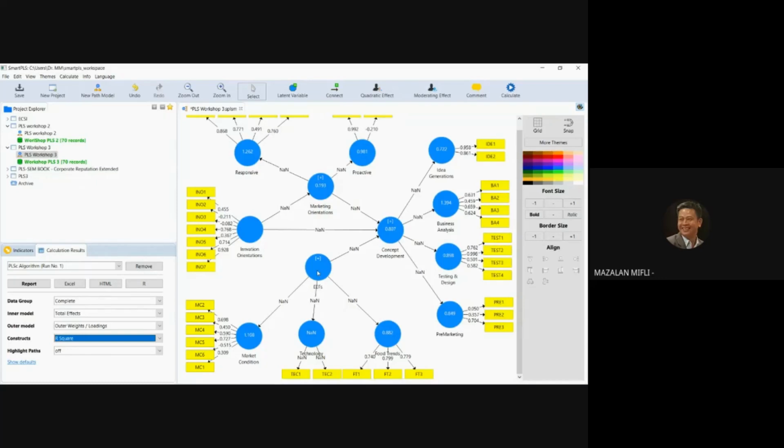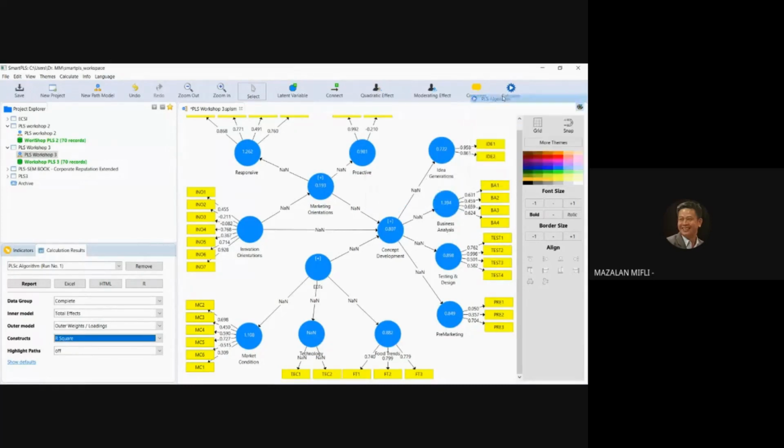Like I said earlier, I used the consistent PLS algorithm with the assumption that all the indicators use similar scales. But for this one, they don't. So the outcome was not what it's supposed to be.